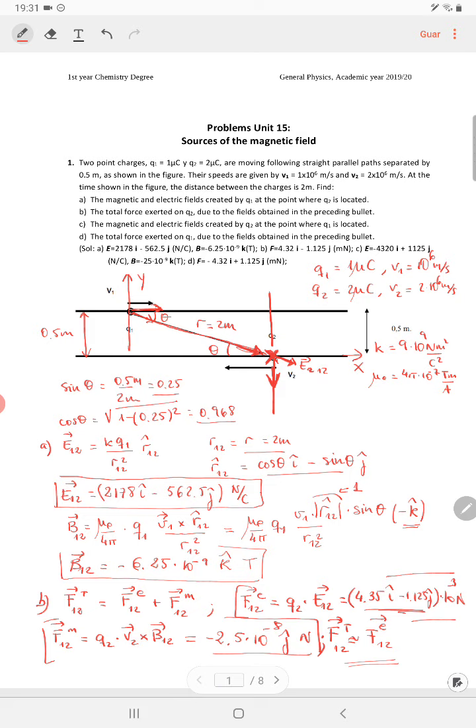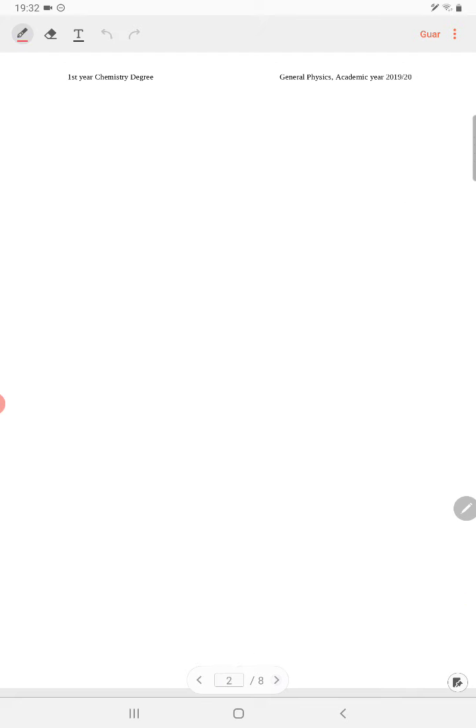Now we're going to solve the other two sections. These are sections C and D, which ask you to calculate the same, the electric field and the magnetic field, but this time those that are created by the second charge where the first charge is. So I'll pass to another page to calculate this.